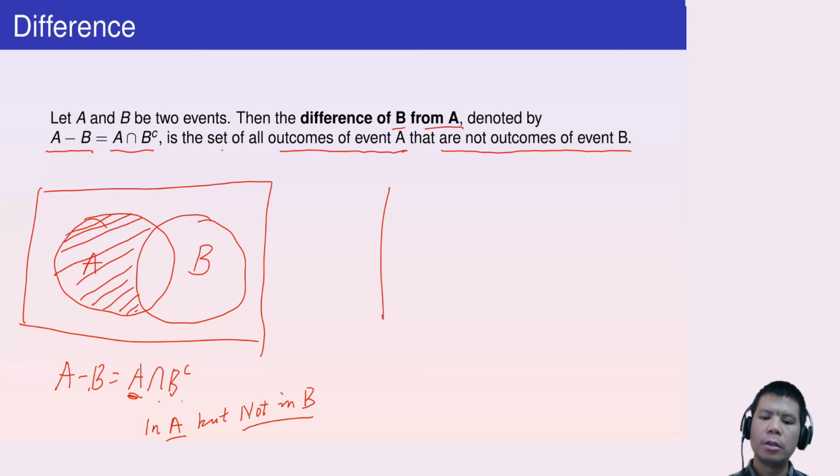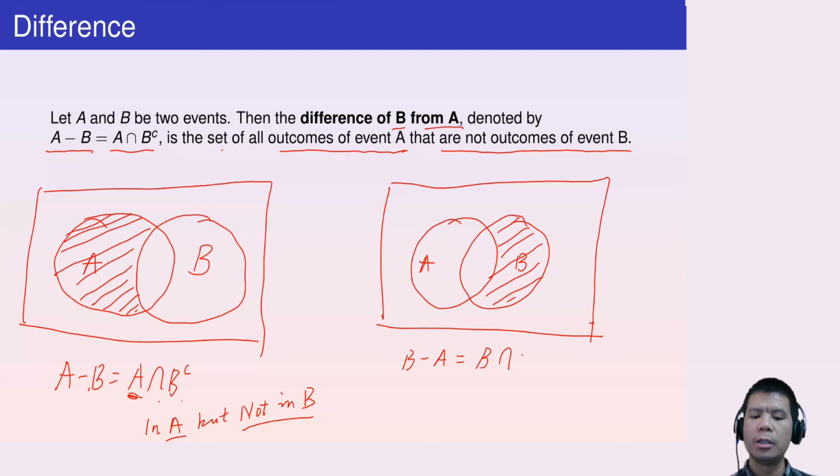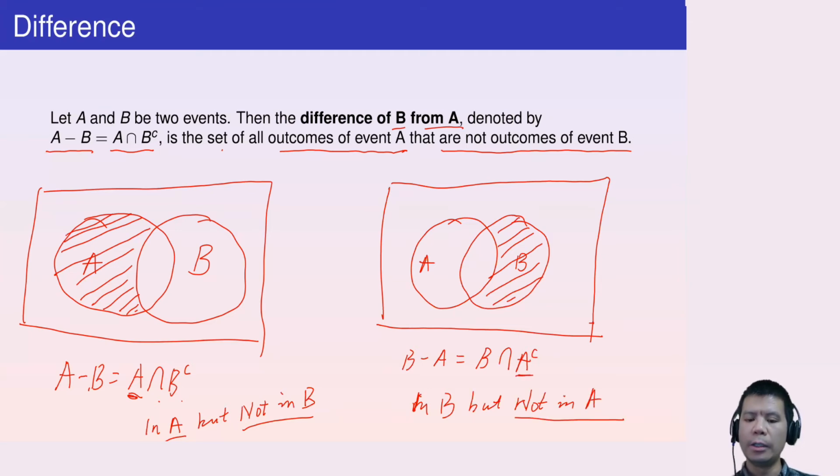Similarly, we can also have in B, not in A. Okay, so this part that is only in B, that's B minus A, which is B intersect A complement. Okay, so we say it is in B but not in A. Because here is A complement, so it's not in A, but in B, right?